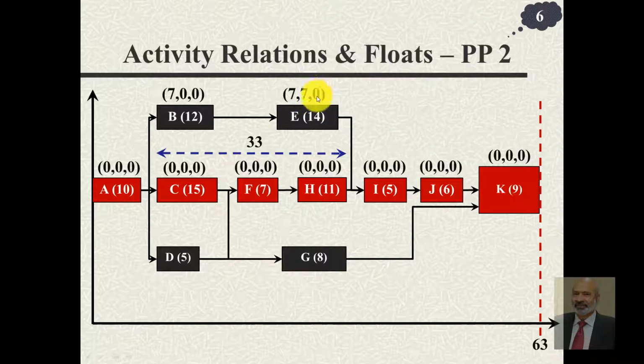However, it has independent float of 0 because the total float of 7 can be availed by B, and if B avails that delay, then the amount of possible delay for activity E becomes 0. B has a free float of 0 because if it has to allow E to avail float or delay, then it cannot have any free float, and it cannot have any independent float because its free float is 0.